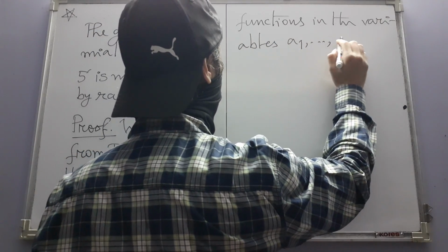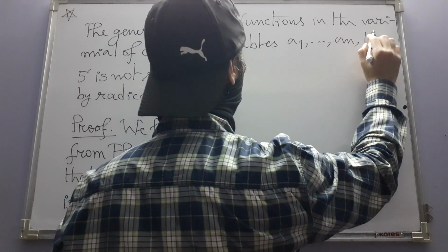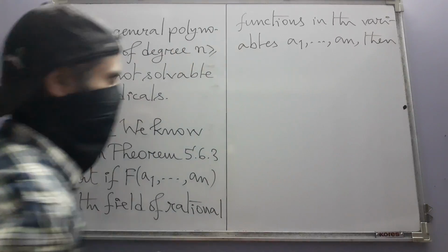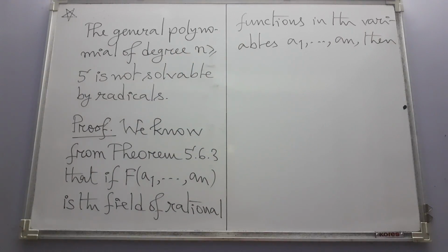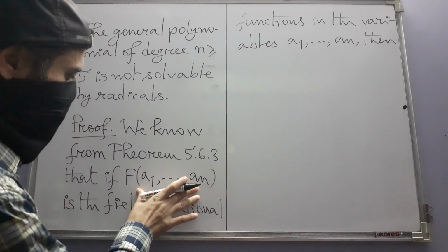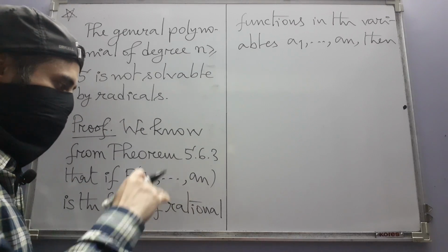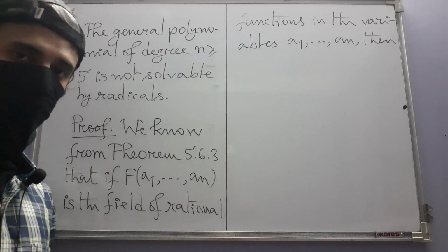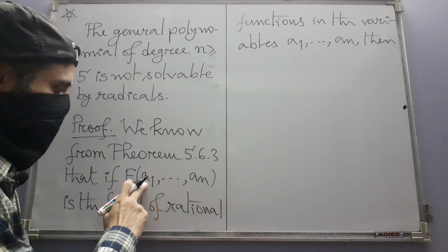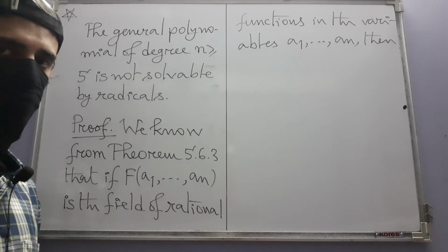In these variables, what do the elements of this field look like? They are quotients of polynomial expressions in these variables.